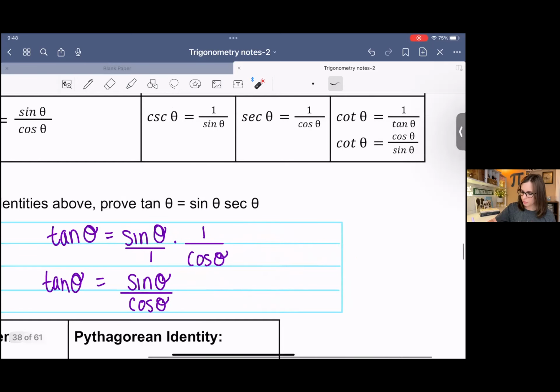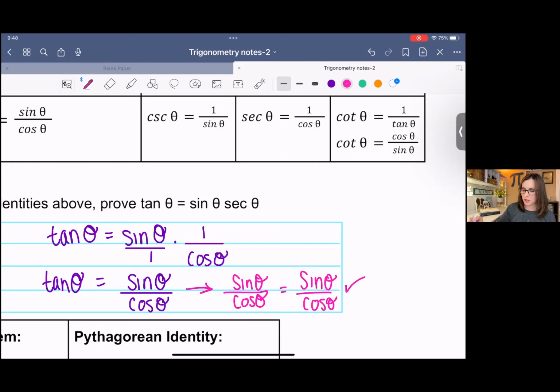So my last step here is tangent theta is sine theta over cosine theta, and that is indeed equal to sine theta over cosine theta. So since I ended up with a true statement at the very end, those are definitely equal, then I have proven that tangent theta equals sine theta times secant theta, because I ended up with that pink statement at the bottom. So that's the goal.